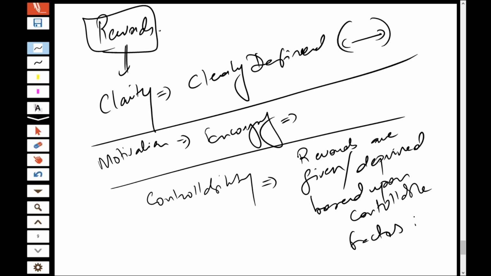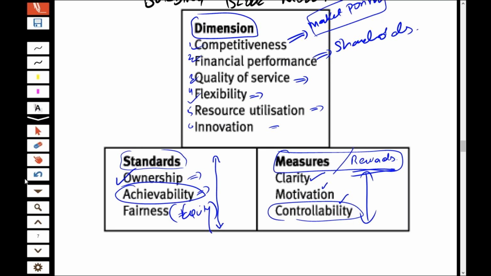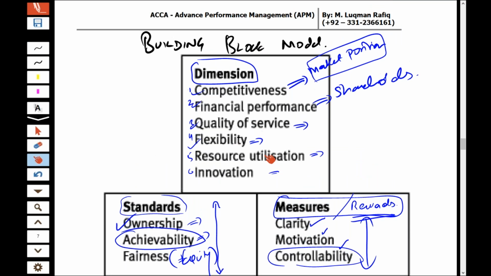Is that okay to everyone? So if I talk about this performance pyramid, it is one of those building block models. This model tells you that an entity has to measure performance using these 6 dimensions: competitiveness, financial, quality of service, flexibility, resource utilization, and innovation.